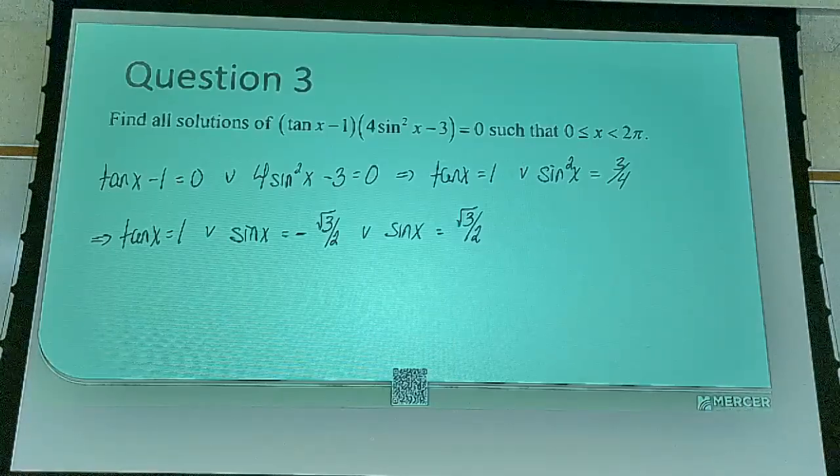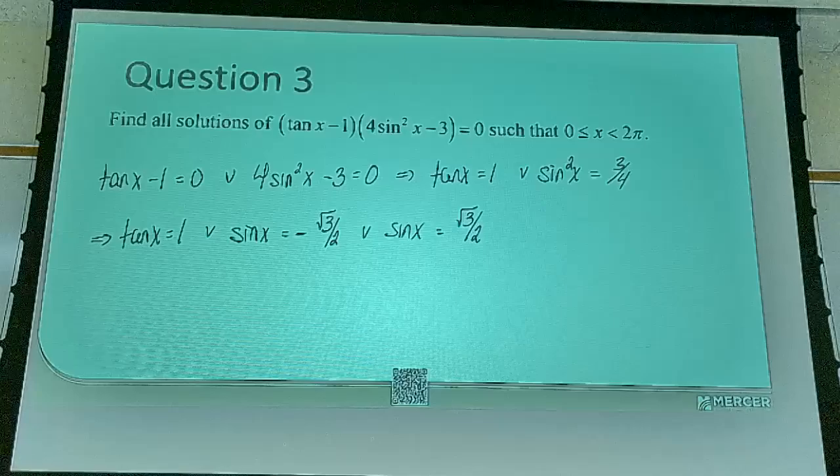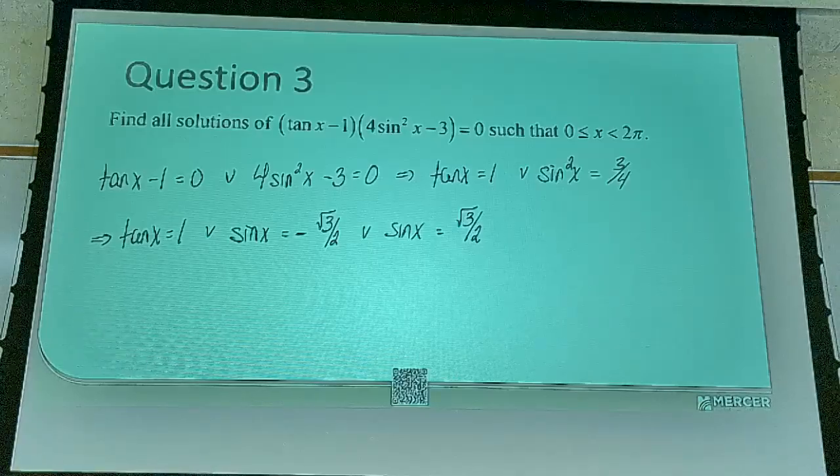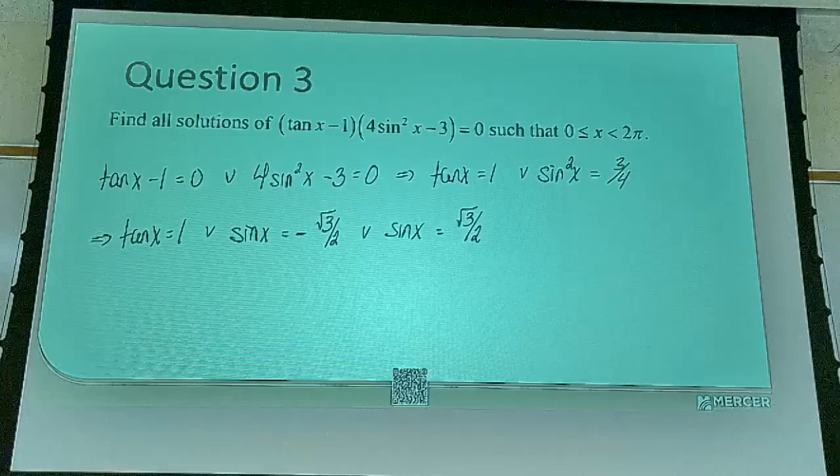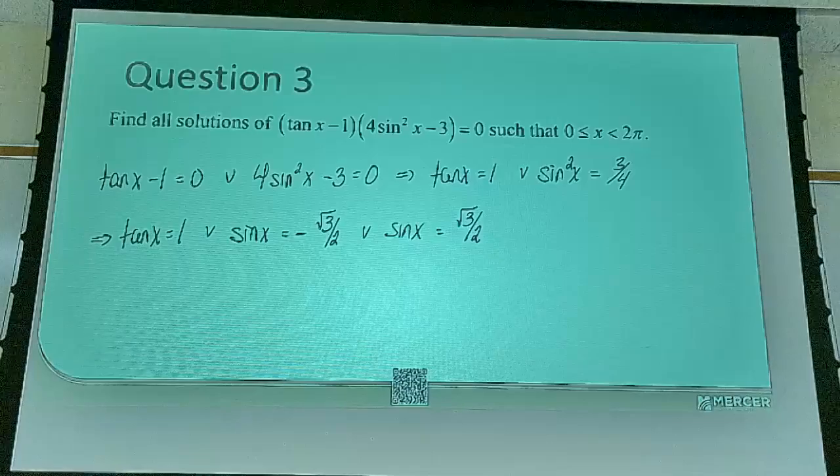So the absolute value of sine of x is root 3 over 2, which means sine x is either positive or negative of that. Now you go back to your unit circle. So let's, again, just go in order. We'll start with this tangent.